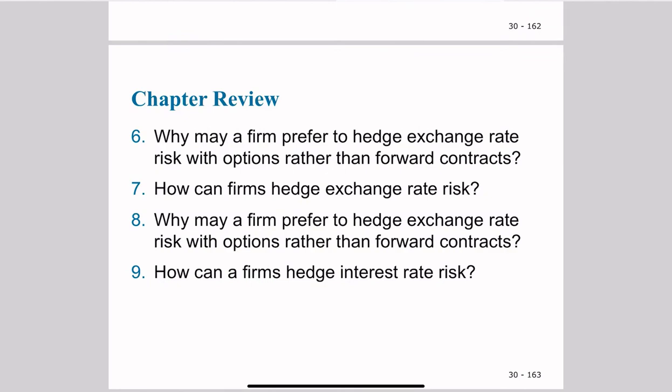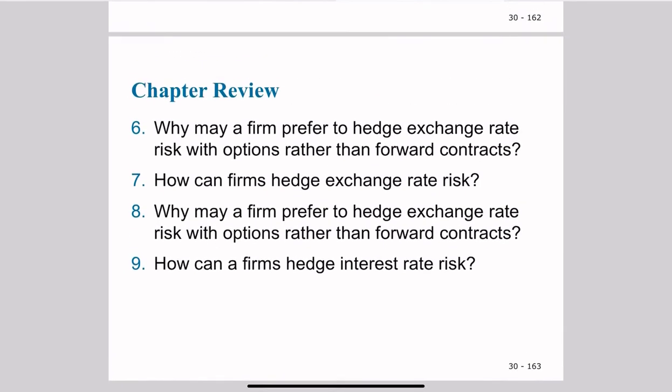And then the second one is based on interest rate swap, right? So you could either swap fixed rate for floating rate or floating rate for fixed rate, depending on your needs. Okay, so that's for chapters.